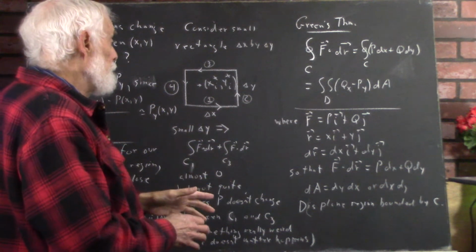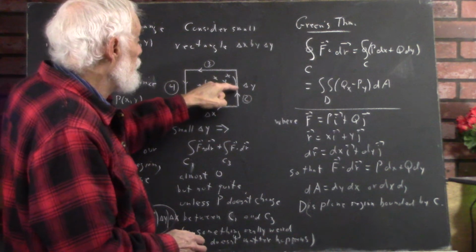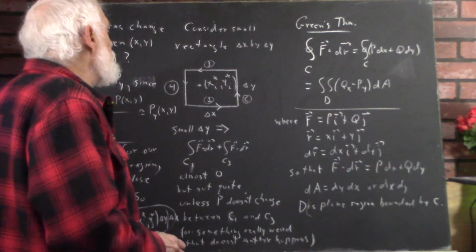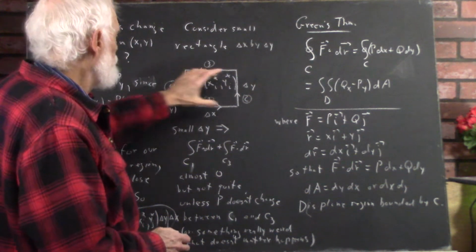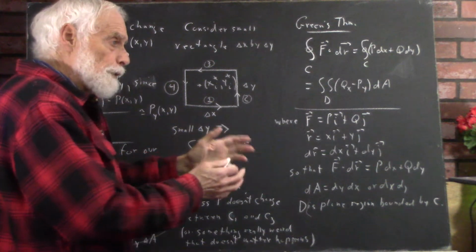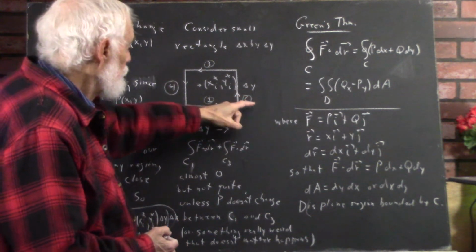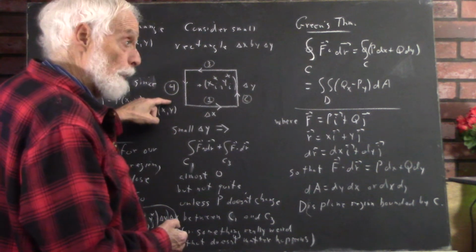Only the x derivative of Q drives a change from here to here in the value of the function. These paths having exactly the same length, then that's the only thing that makes a difference in the integral over path 2 and path 4.